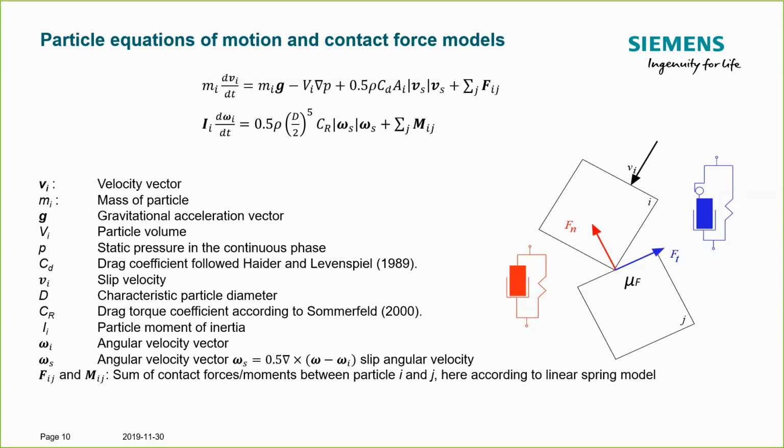And for the tangential force, as an option, there's a spring damper model, which is in series with a slider. The same applies for the rotational modes of motion. There are nonlinear contact models available in StarCCM+ as well, but today we'll confine ourselves to the linear spring model.